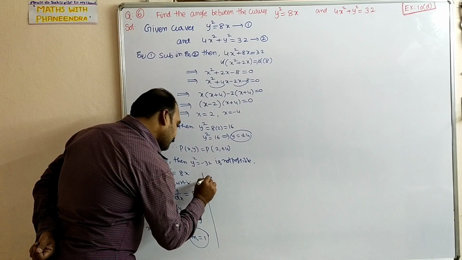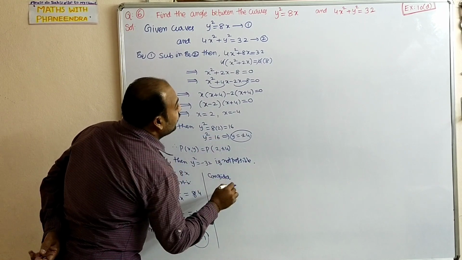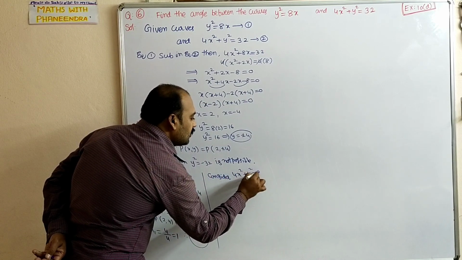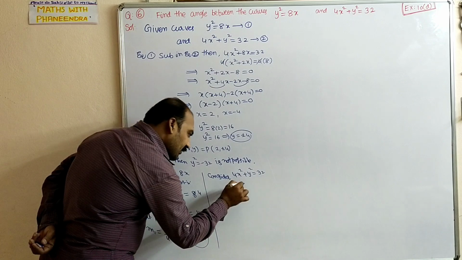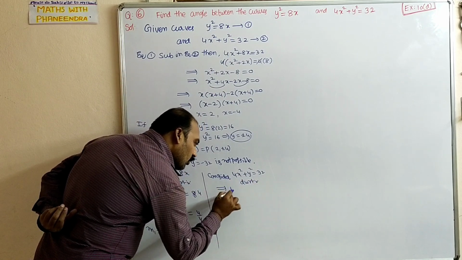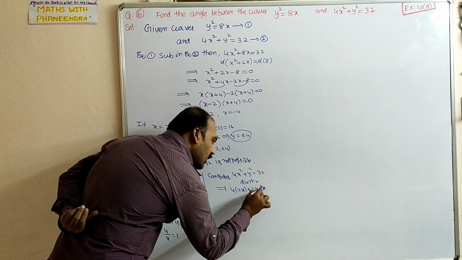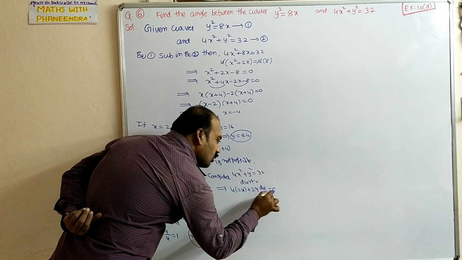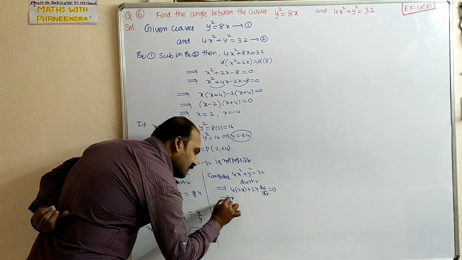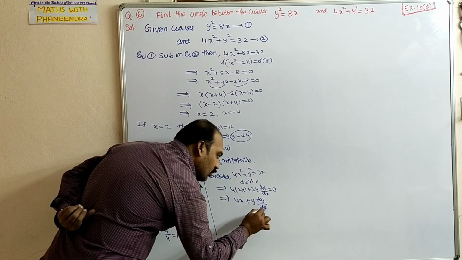Similarly, consider the second curve, 4x square plus y square equal to 32. Differentiate with respect to x. The derivative of 4x square is 8x, plus y square derivative is 2y into dy by dx, which is equal to the constant's derivative, 0. 2 take common, the rest of the terms are 4x plus y into dy by dx equal to 0.